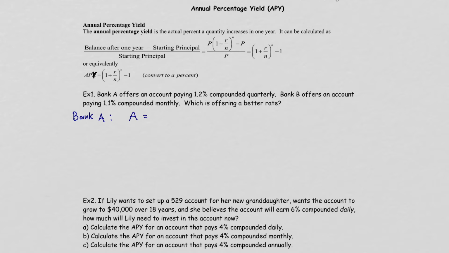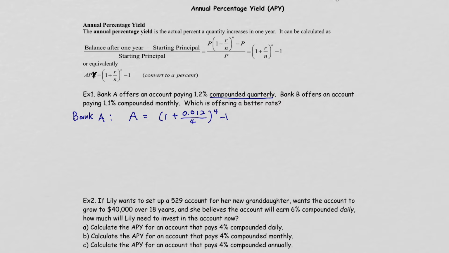That will be using the formula, so it will be 1 plus 1.2%, which is 0.012, over the compounding, quarterly, which is 4, minus 1.